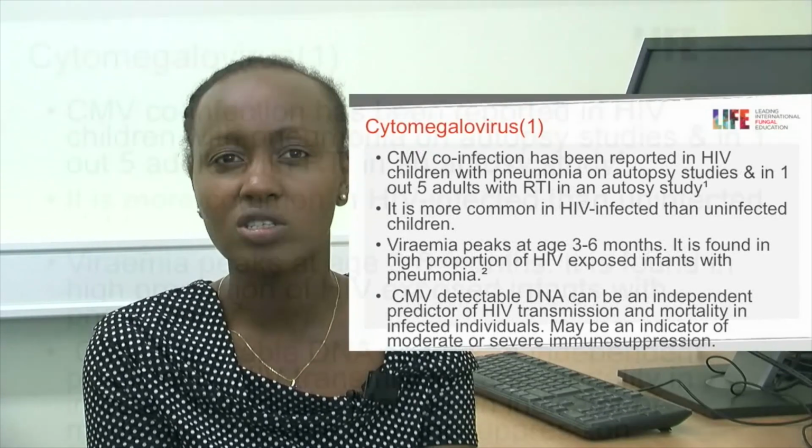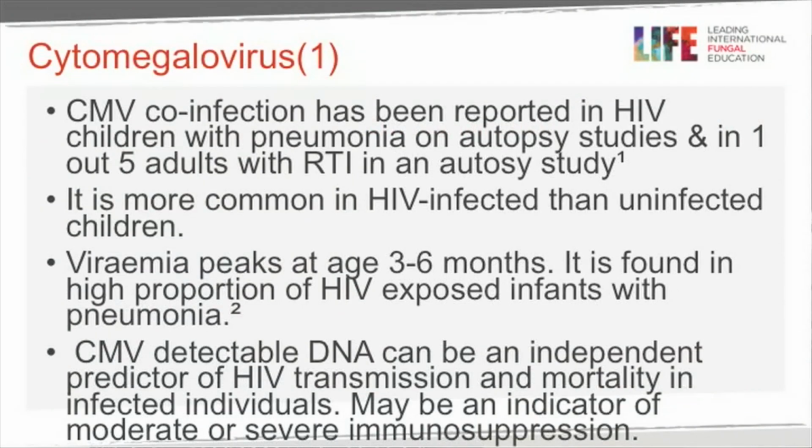CMV viremia usually peaks around 3 to 6 months, and has been found in higher proportion of HIV-infected children, and interestingly also in HIV-exposed pneumonia, even after adjusting for HIV infection. Detectable CMV DNA can be an independent predictor of HIV transmission and mortality.